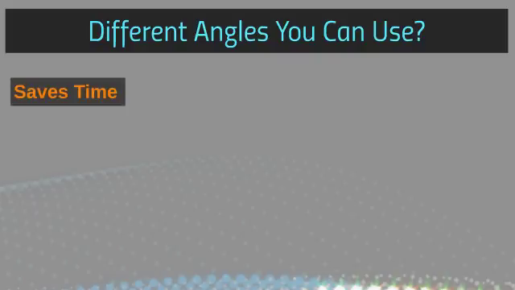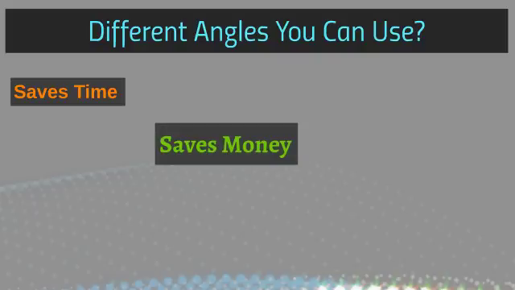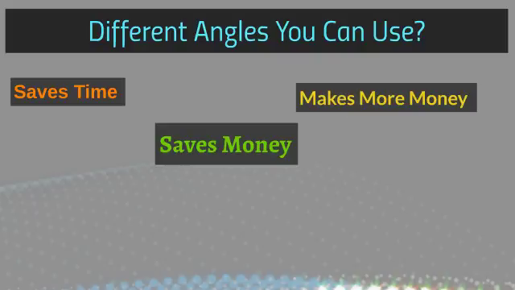Different angles that you can use are, for example, saves time. Your product or service can save time in some form or way. Or maybe it saves money, or it makes them more money, or it allows them to do more with their time. As you can see, these angles can relate to each and every one of them.